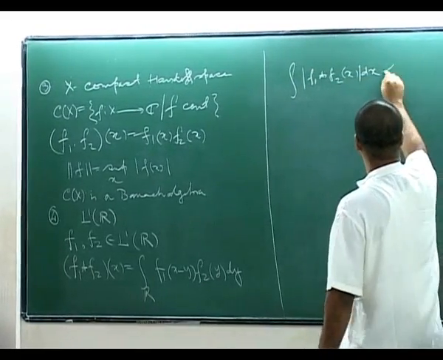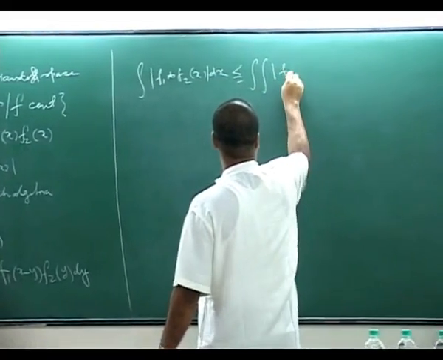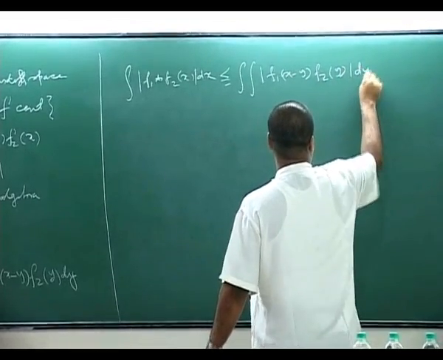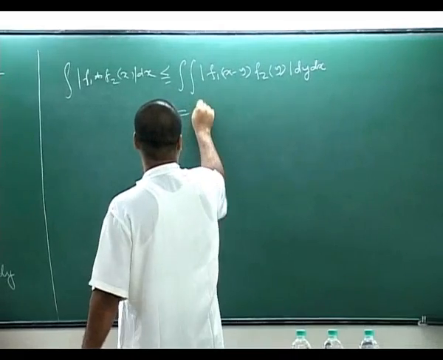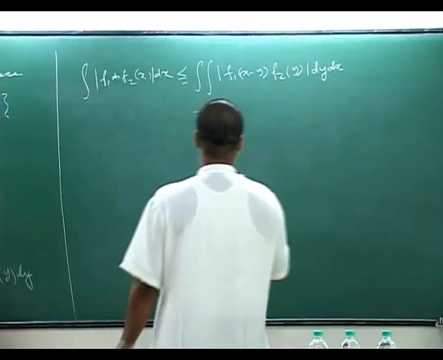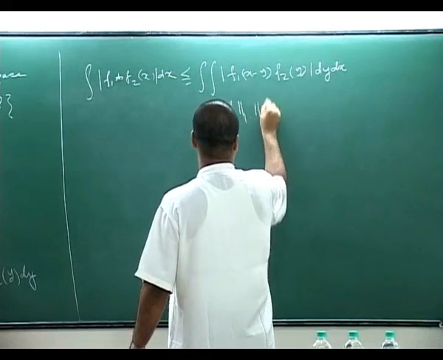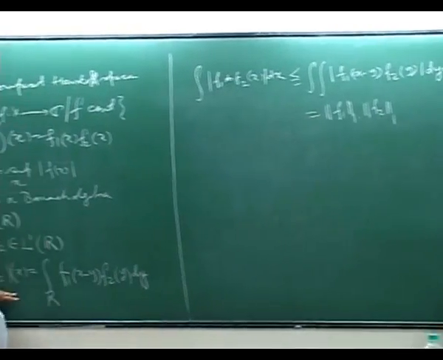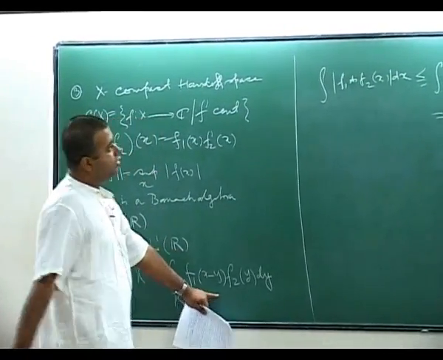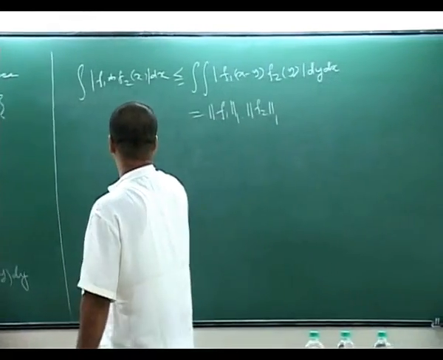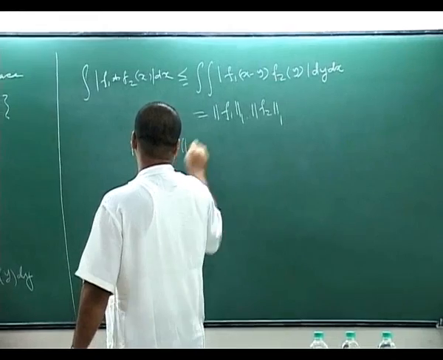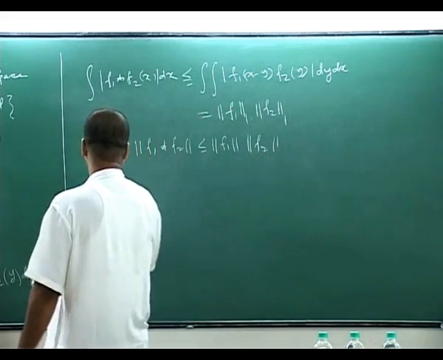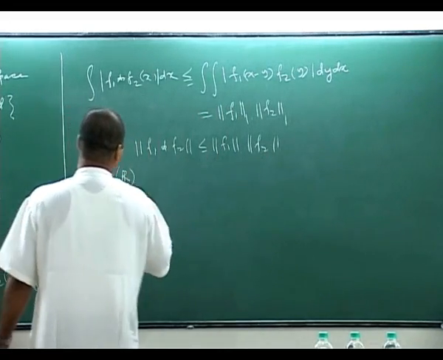And that is, so this shows that for almost all x, this integral converges, and the L1 norm of f1 star f2 is bounded by the product of the norms. So L1(R) is a Banach algebra.